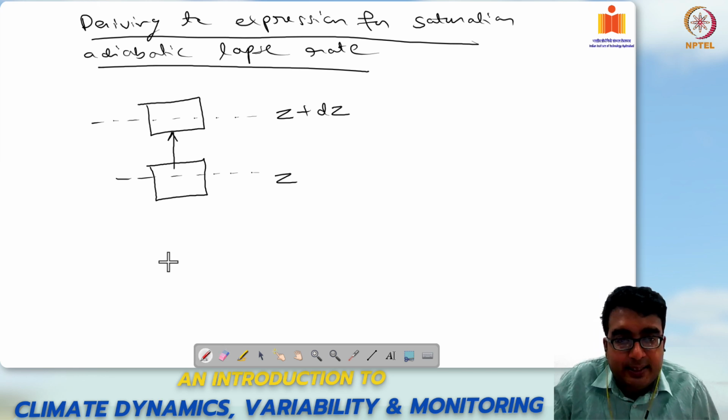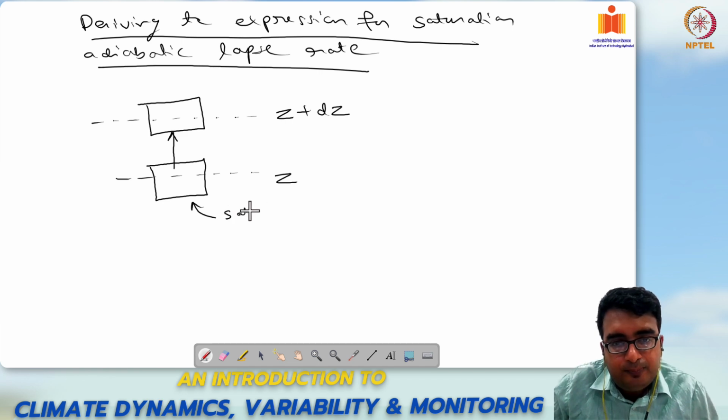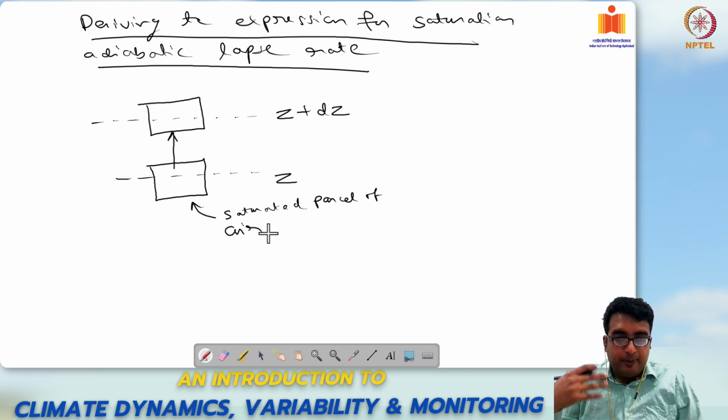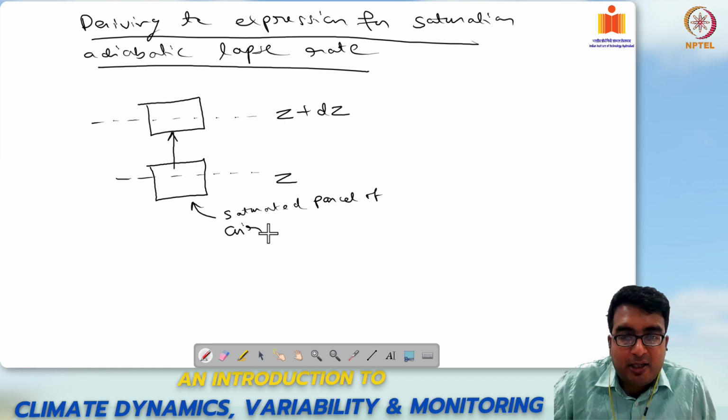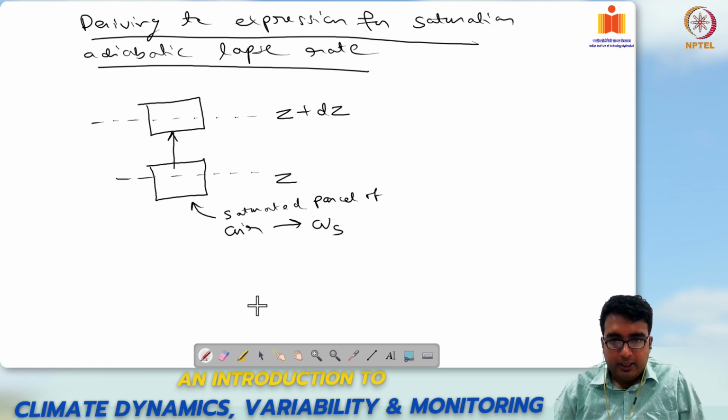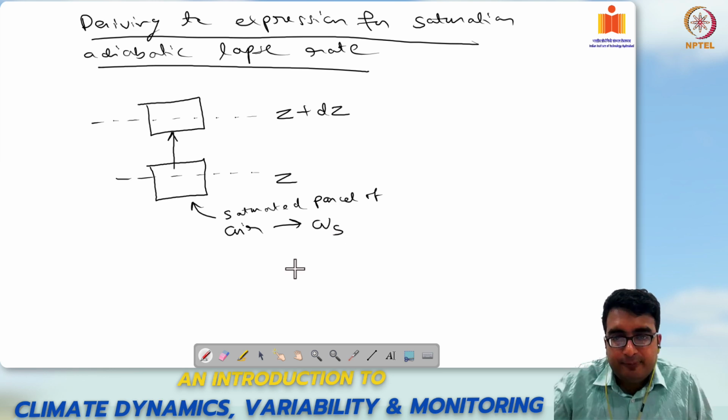Now this is a saturated parcel of air. The amount of water vapor present in this saturated parcel of air at Z is given by omega S, the saturated specific humidity.